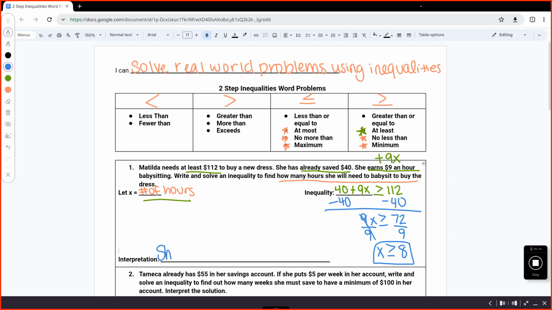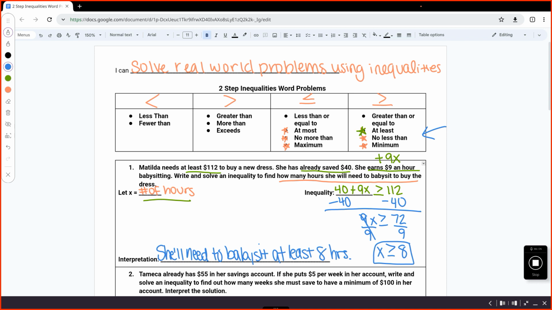So she'll need to babysit at least 8 hours. You could say 8 hours or more. You could say no less than. Anything that's in this box you could say in your interpretation sentence.